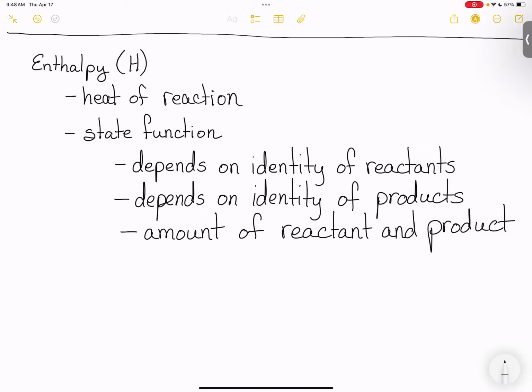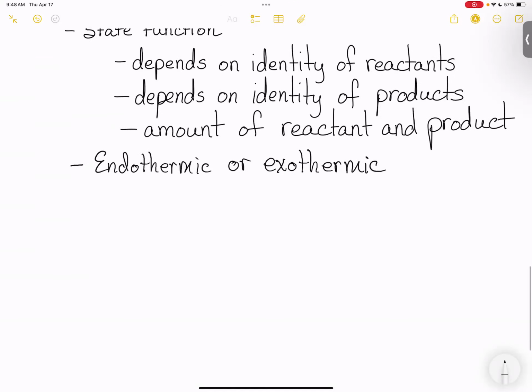Now, enthalpy can be described as endothermic or exothermic. And I'm going to put this in a table.